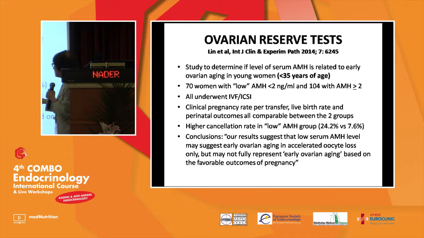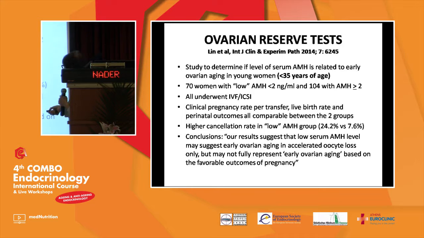However, the cancellation rate was higher in those that had the low AMH. In other words, the doctor, like Dr. Vallejo, was not happy with the response, so he said, come back again next cycle and I'm going to stimulate you in a different way. So there was a higher cancellation rate in those that had the lower AMH.